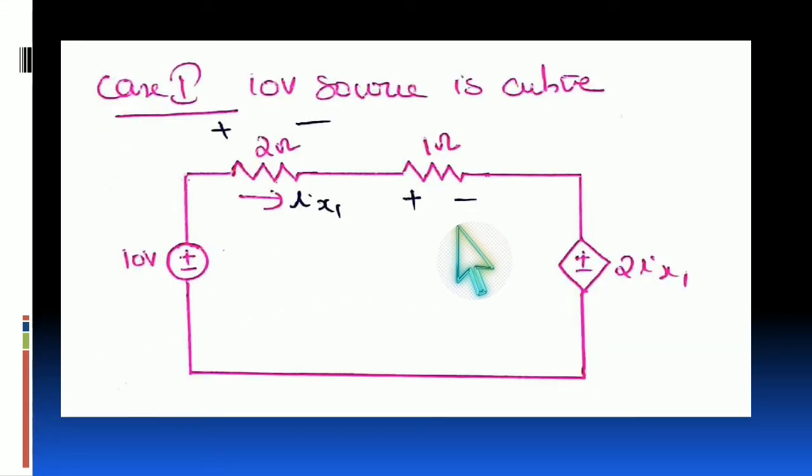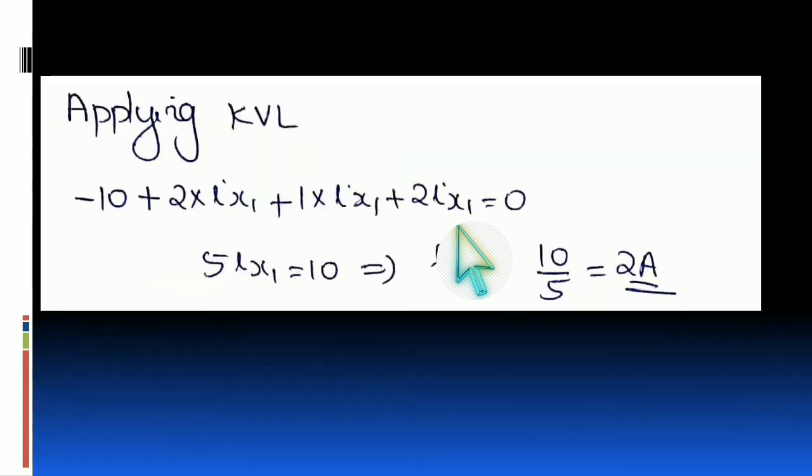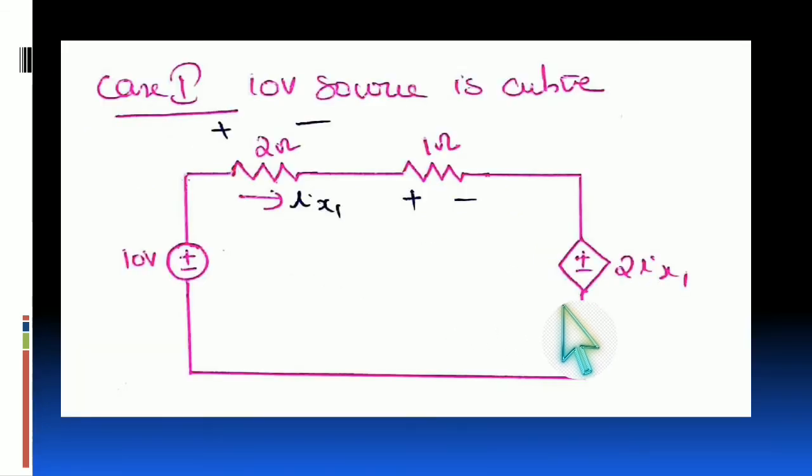Then the voltage drop across this 1 ohm, which is nothing but 1 into Ix1, with the polarity marked in the order plus minus. Hence we add 1 into Ix1 to our KVL equation. Finally, we have the dependent voltage source 2Ix1 with the polarity mark plus minus.